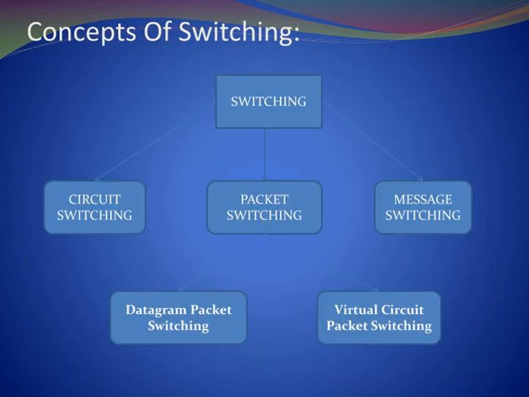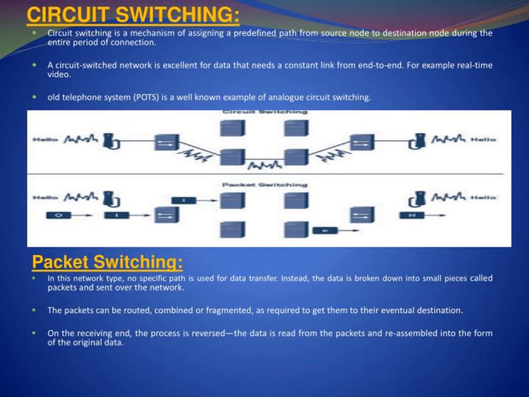Concepts of switching. Switching is divided into three types: circuit switching, packet switching, and message switching. In that, packet switching is further divided into two types: datagram packet switching and virtual circuit packet switching.